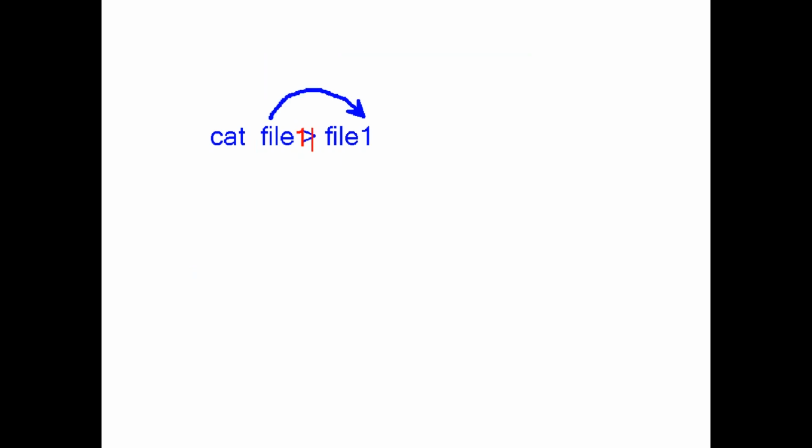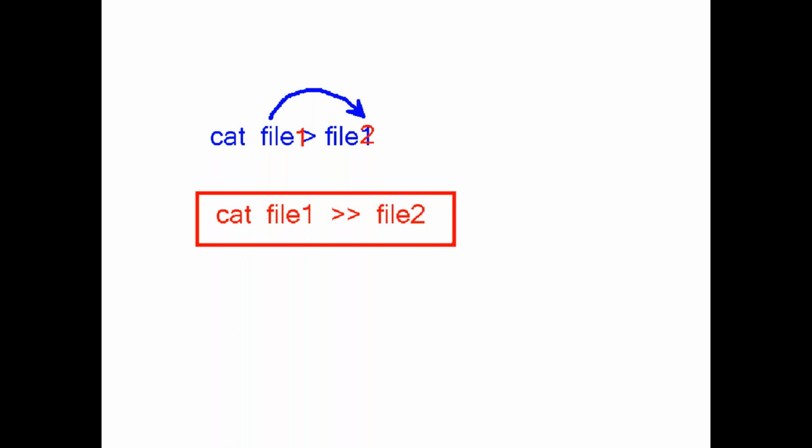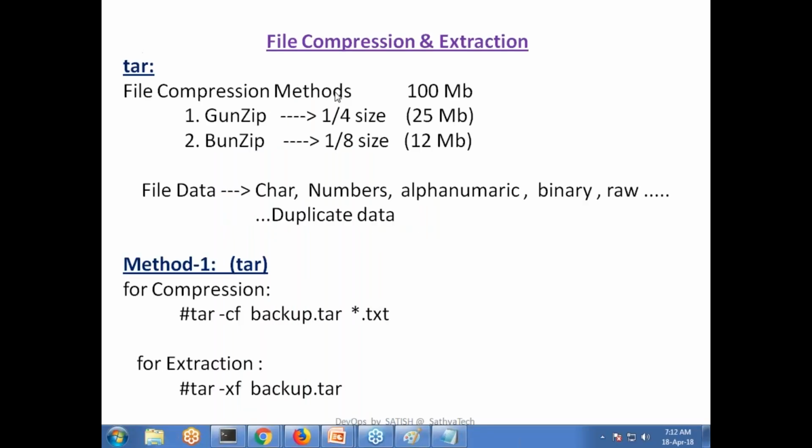I said file two. File one data will copy to file two. The next command is cat file one file two. It's appending. So data will be appended, it won't override the earlier content. The old content stays as it is and the new content is appended. That's what append means.